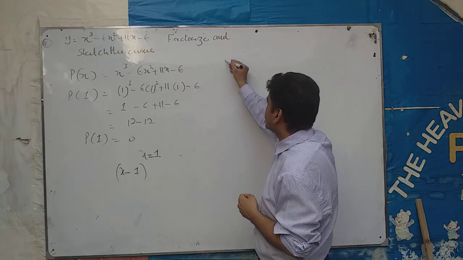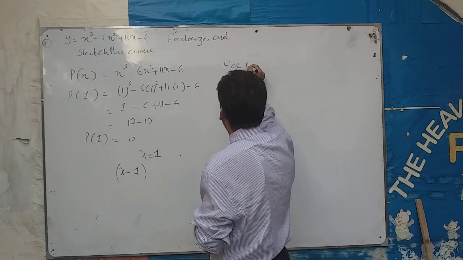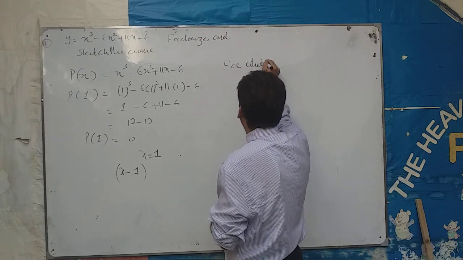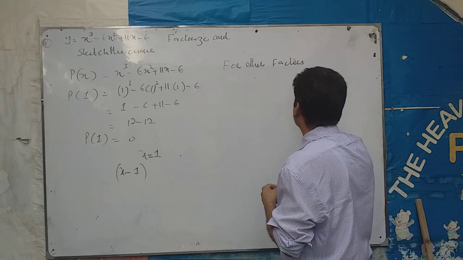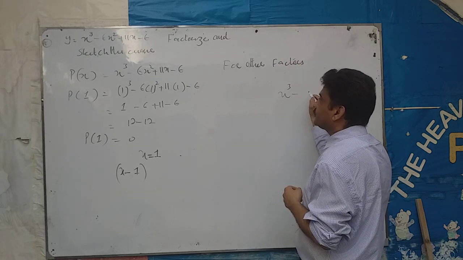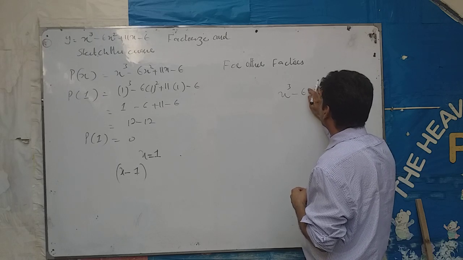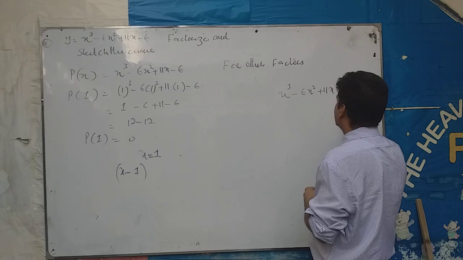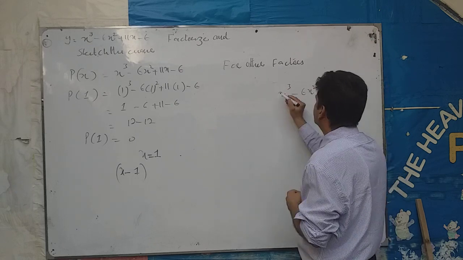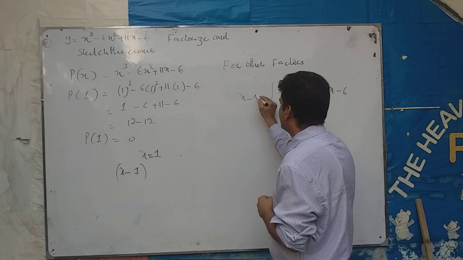For the other factors, we divide x cubed minus 6x squared plus 11x minus 6 by x minus 1.